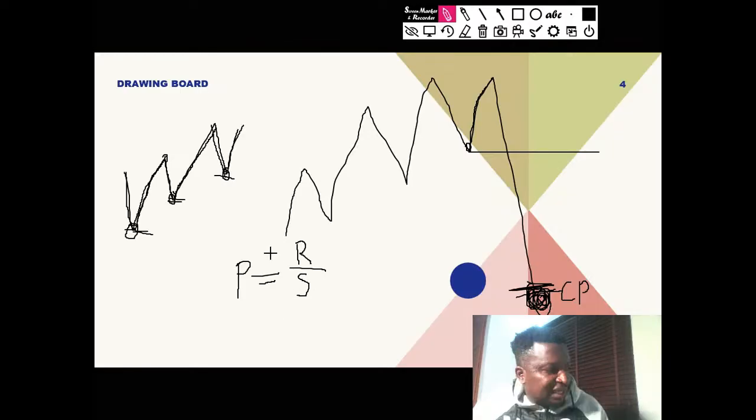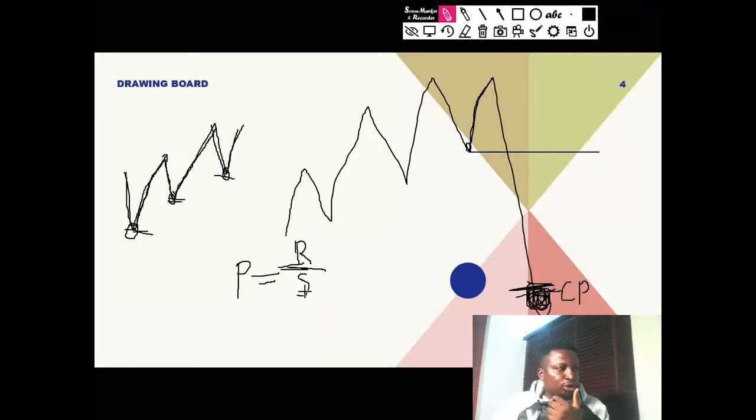What this means is that resistance is seen as that reversal point that is above price, while support is that reversal point that is below price. Using this demarcation or division will help you see that your R that is up, any reversal point that is up is resistance, and any reversal point that is down is support.